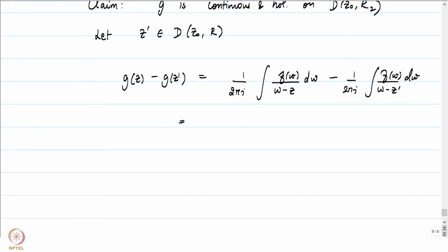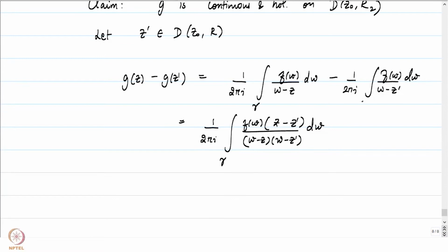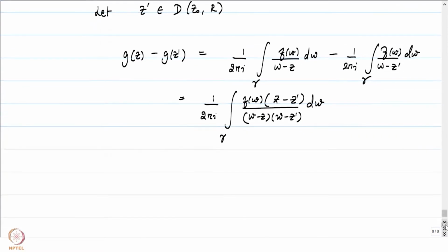And if you write that down explicitly, this is going to be 1 by 2 pi i integral f of w times (z minus z prime) by (w minus z) times (w minus z prime) dw. This is precisely what the integral is going to be.